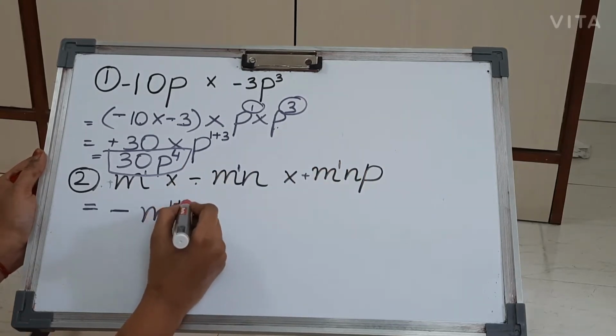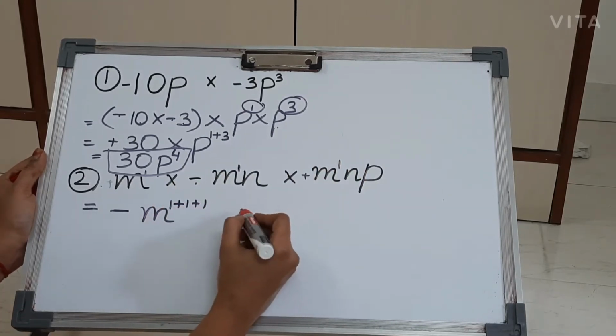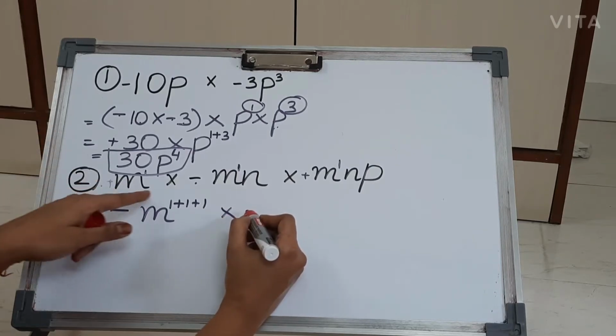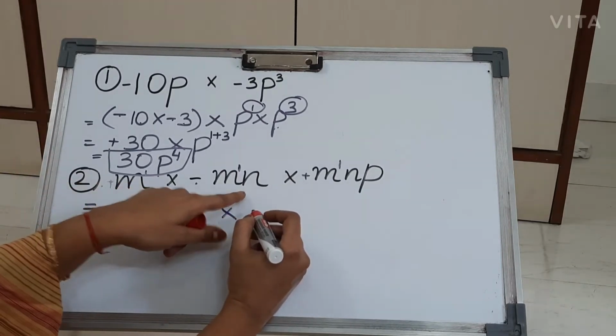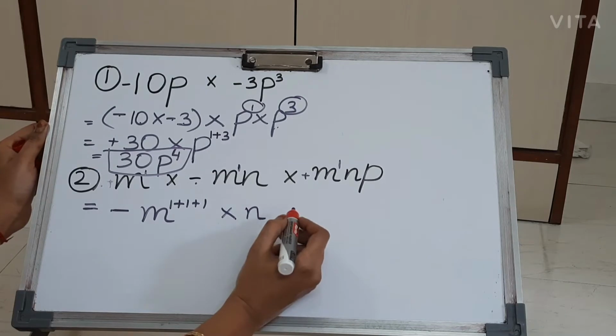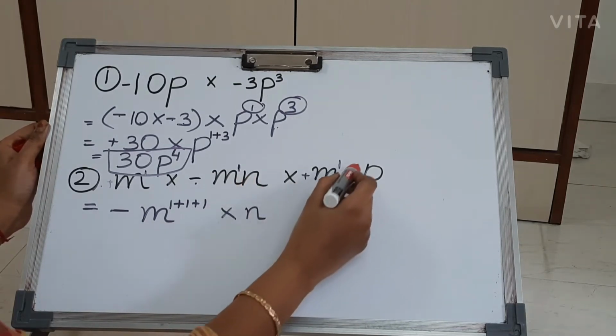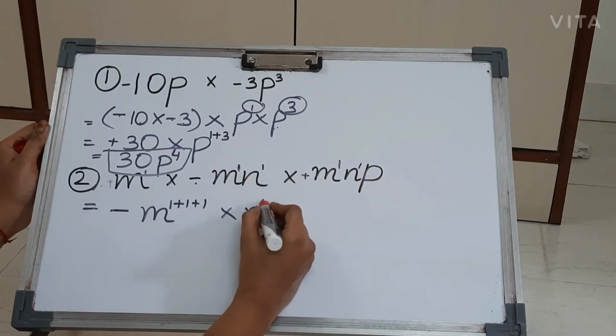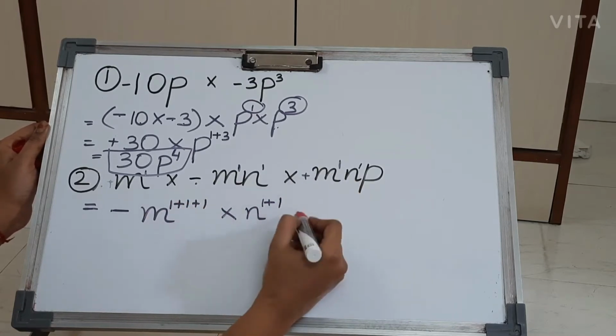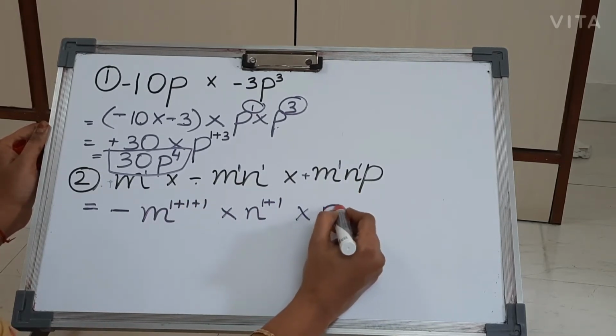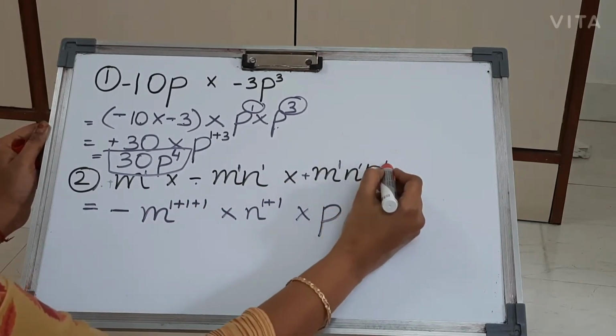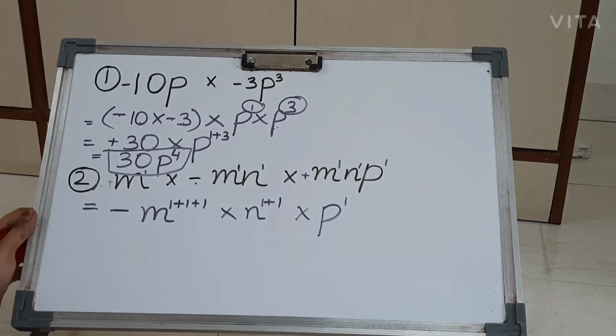So we will add all the common base powers, multiplied with, now m we have finished, with n. n we have here 1 and 1. So 1 plus 1. Again we have one more variable p, which has a single power.